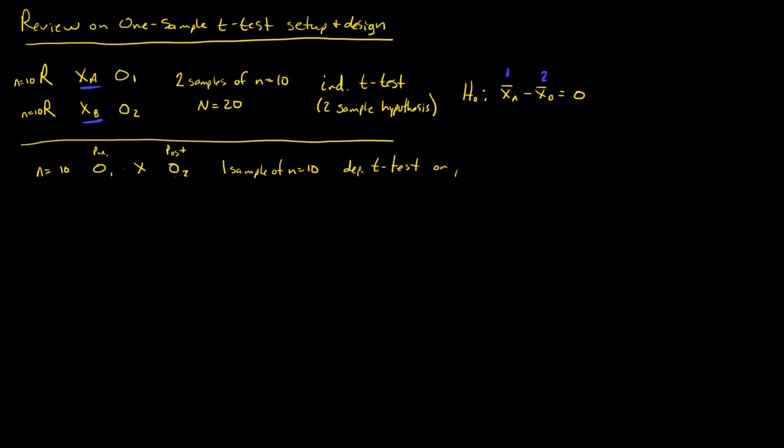or paired samples. Why is it a paired sample? Because the same 10 people that are getting measured at observation 1 are the same 10 people that are getting measured here. So you're measuring across the row, whereas in the independent t-test you're measuring across the rows in this manner.